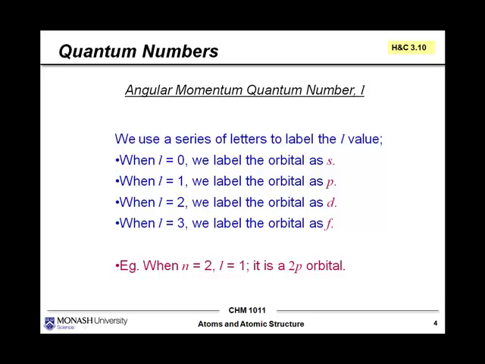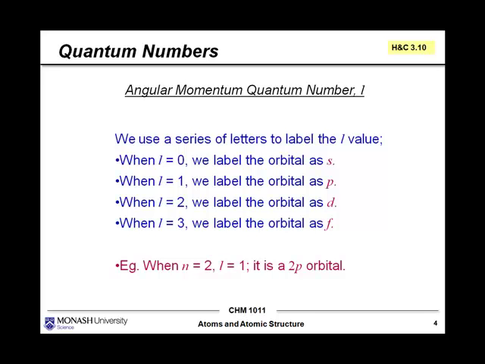A few comments about angular momentum quantum number l. Historically, we've used a series of letters to label the l value. So when l equals 0, we label the orbital as an s orbital. When l equals 1, we label it as a p orbital. l equals 2, we label it as a d orbital. And when l equals 3, we label this as an f orbital.